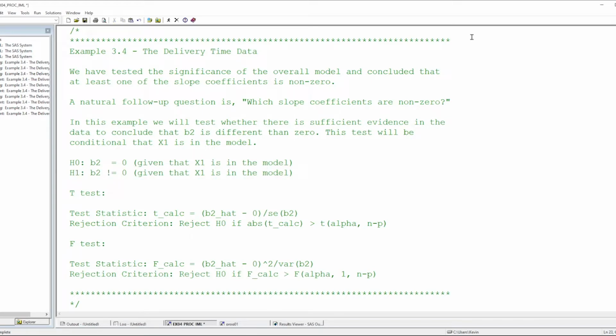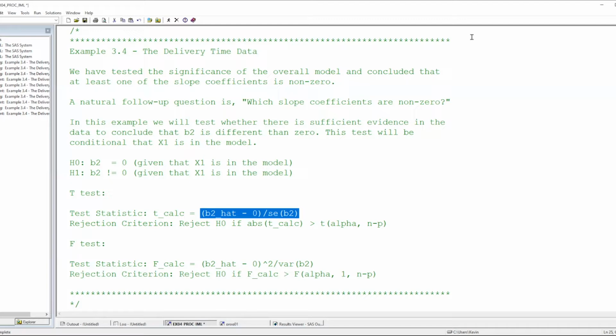Now we're going to use a t-test to perform this test, and as you'll recall from your first methods class, the form of a t-statistic is a ratio, the numerator being the difference between the point estimator for the parameter we're testing a hypothesis about. So beta 2 is the parameter we're testing, and I'll use beta 2 hat to represent the point estimator.